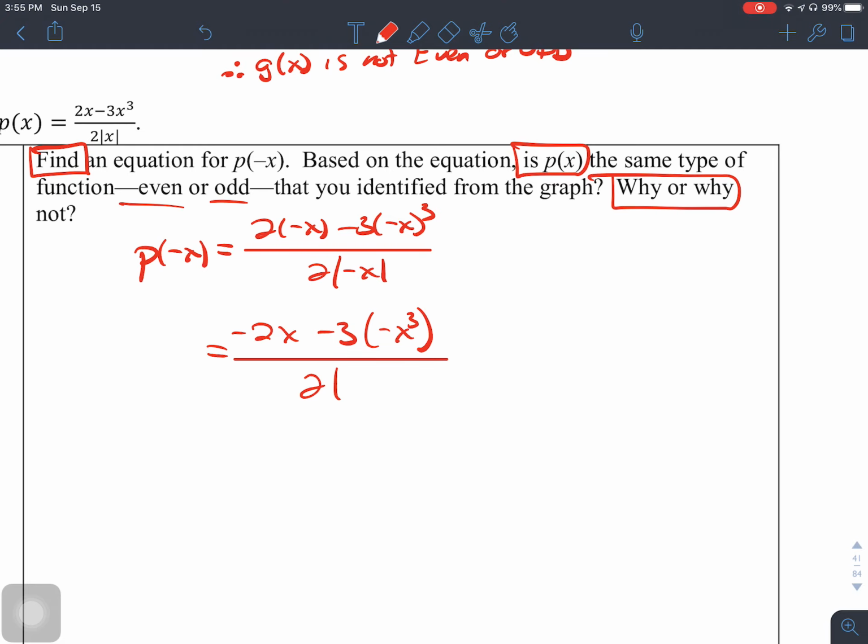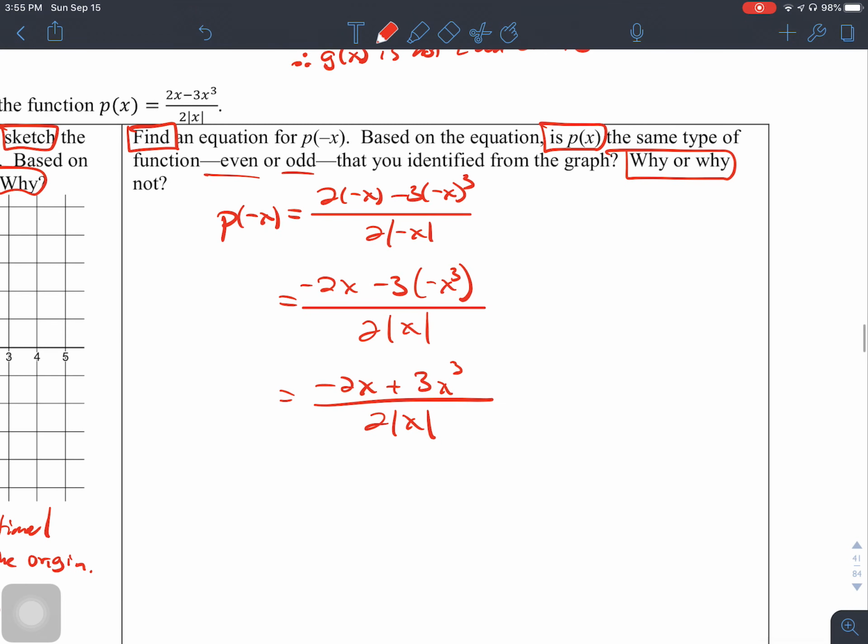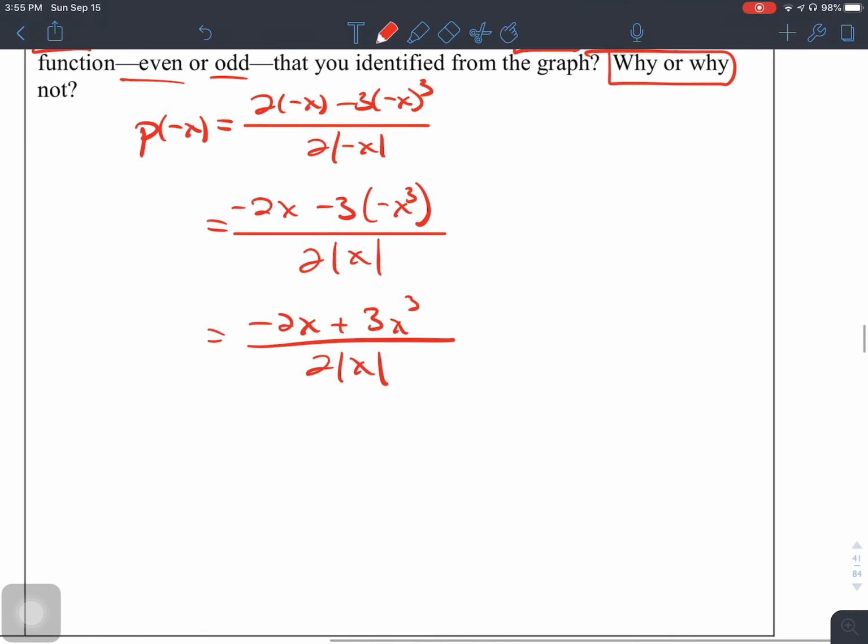On the bottom, the absolute value of negative x is x. It's going to be negative 2x. Subtracting a 3 times a negative x cubed is going to be a plus 3x cubed. And this is over 2 times the absolute value of x. Is this the same as the original? It is not.